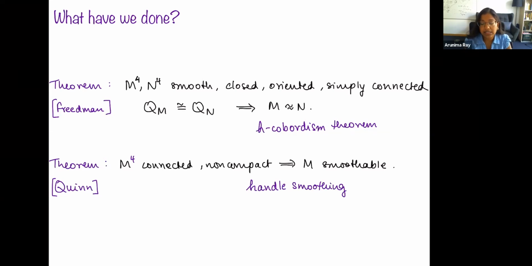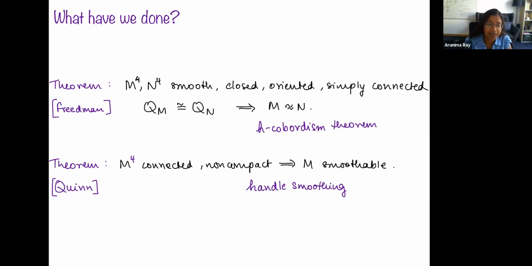And again, this is something that was extremely successful in high dimensions. The slogan for Quinn was, let's see to what extent we can apply it in dimension 4. These are very natural things to try. So if you're taking nothing else away from this mini course, I hope you'll take away the statements of these two theorems. Ideally some more, but these two for sure.